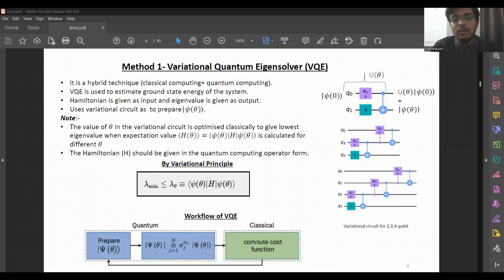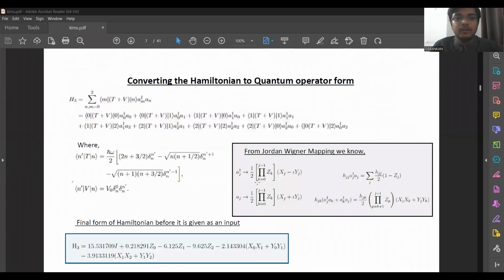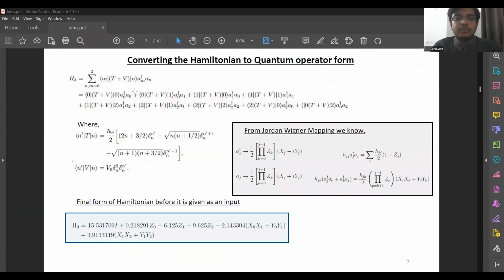Now the classical optimizer changes the value of theta 1 to theta 2, and again we find the expectation value with respect to theta 2. In such a way, the thetas are varied and we find the value for which the expectation value is minimum. That is our ground state energy. Now the Hamiltonian is always given as an input to this quantum computer for finding the expectation value.